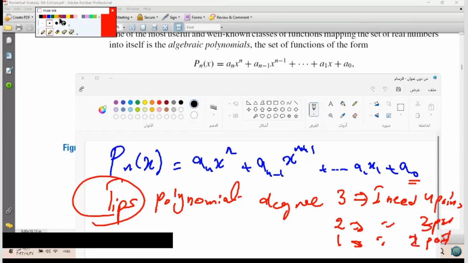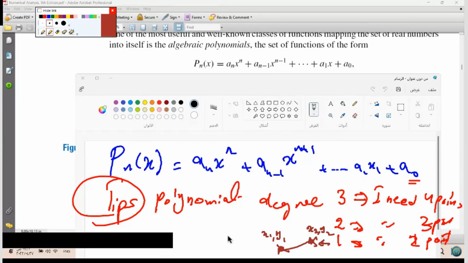And this is correct. For example, to draw a line, I need 2 points: x1, y1, x2, y2. So for degree 1, we need 2 points; for degree 2, 3 points; for degree 3, 4 points, and so on. Is it clear now?